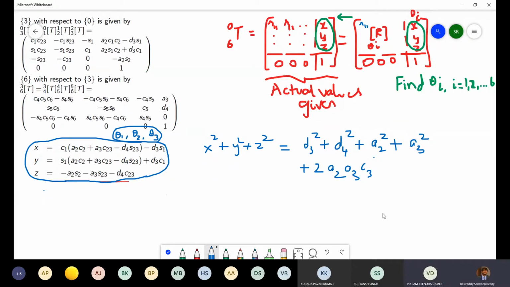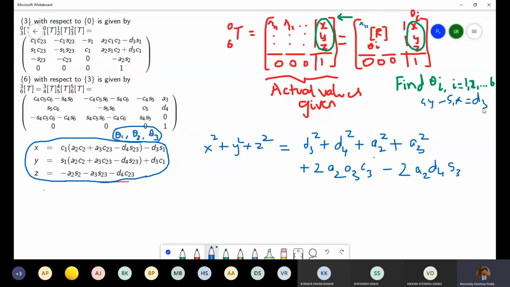There's one more term, the sin theta 3 term, which is minus 2 a2 d4 sin theta 3. So I guess this is similar to what we had done previously, where we got C1 into y plus minus S1 into x equals d3.